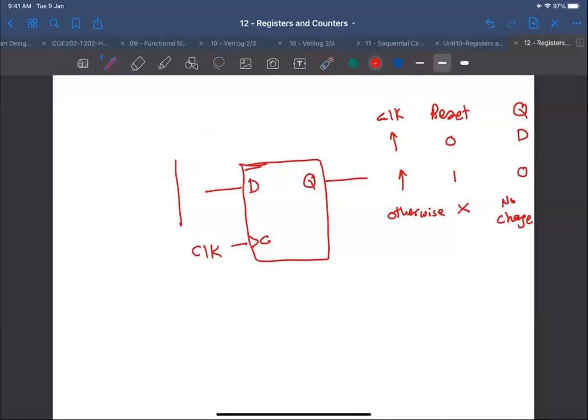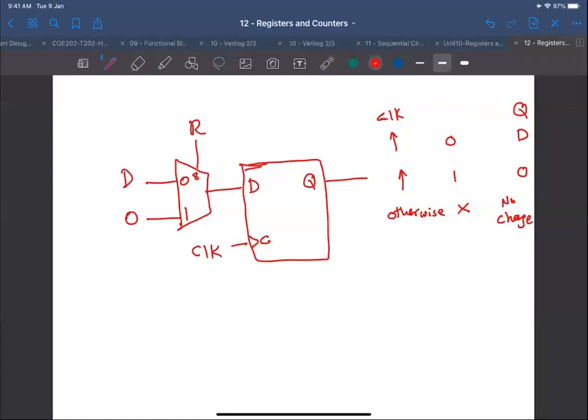So let me draw the multiplexer here. And it's a 2-to-1 multiplexer. This is 0, this is 1. And this is my select line, which is connected to reset. When reset is 1, I want to reset the flip-flop. When reset is 0, I want to load D. And for simplicity, let me call this R instead of reset.